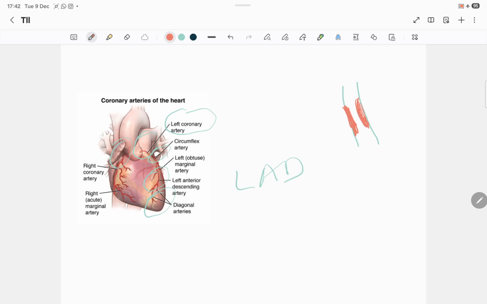So if there are plaques here, and there's now a blood clot forming here, such that blood supply cannot access the anterior aspect of the heart or the septum or the apex, what you're finding is that there's no blood supply there.